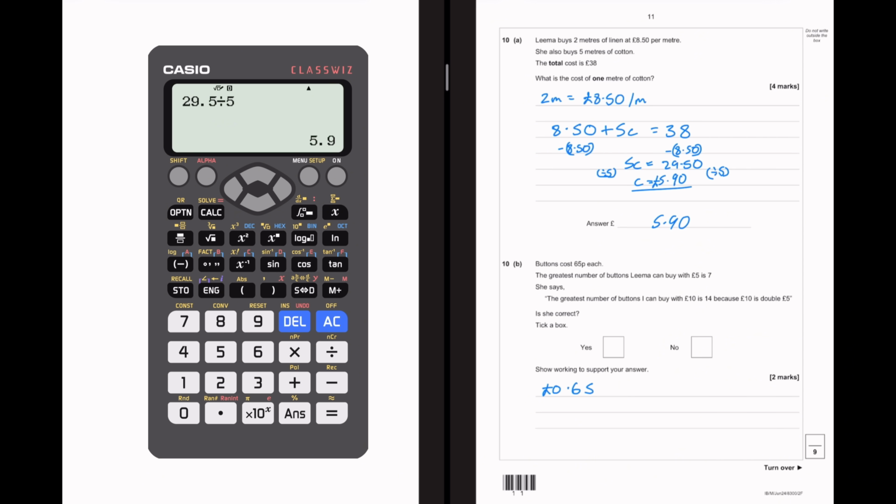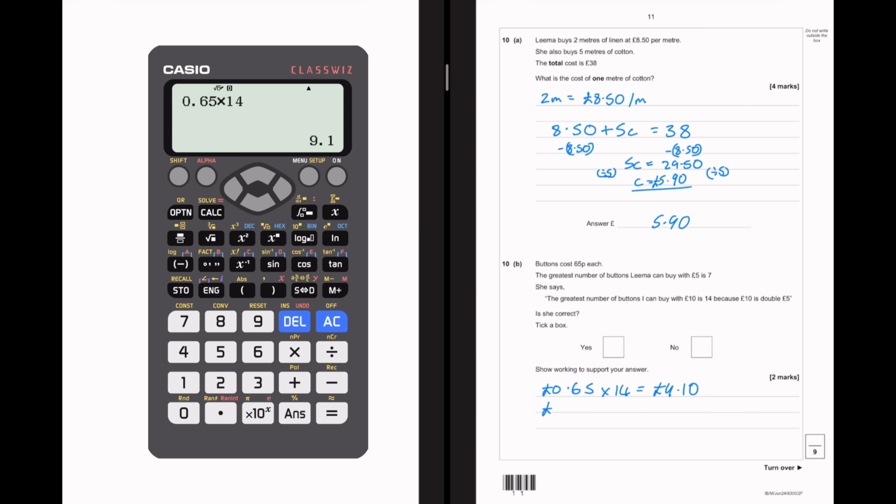We want to calculate the greatest number of buttons that she can buy. So we're going to test it against 14. If we multiply 0.65 by 14, this is equal to £9.10.